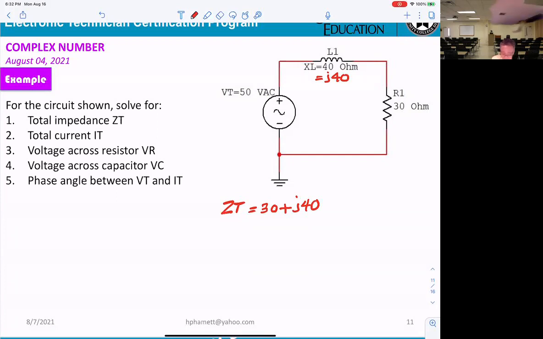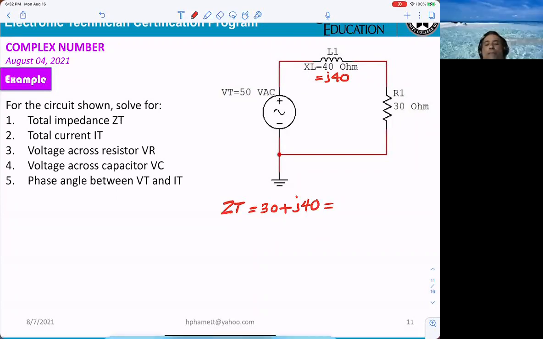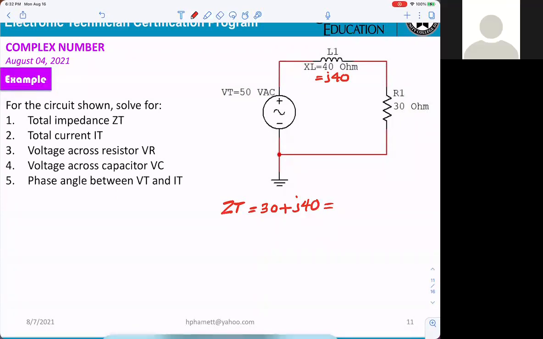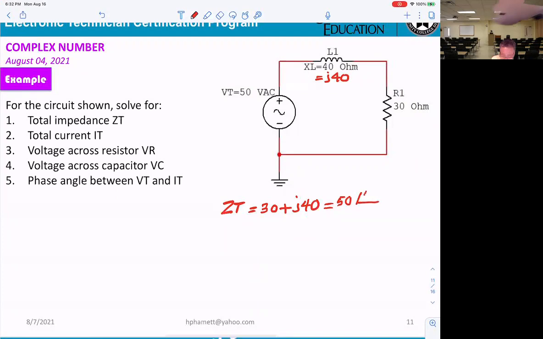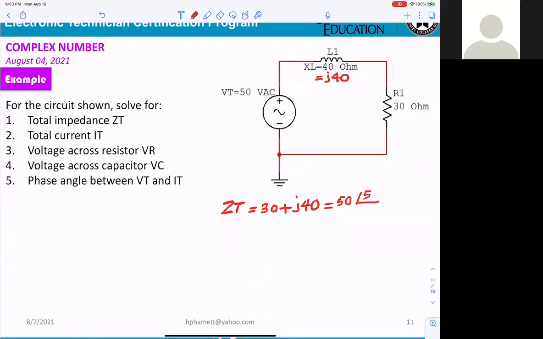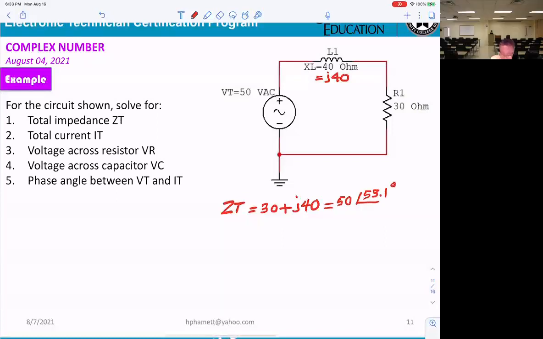Now you can tell me the value and the phase. 50, angle 53.1. What's the amplitude? 50, right? Angle 53.1. Okay.